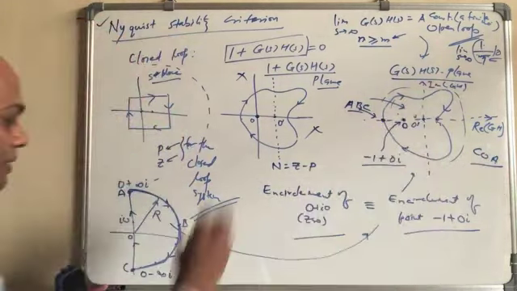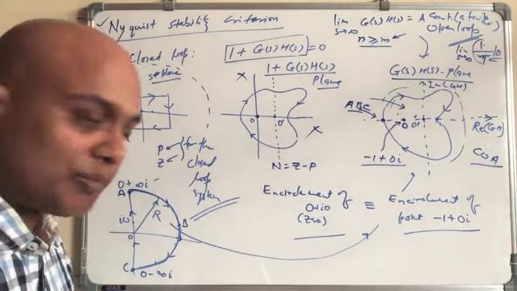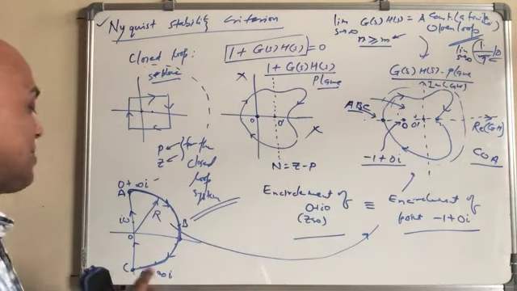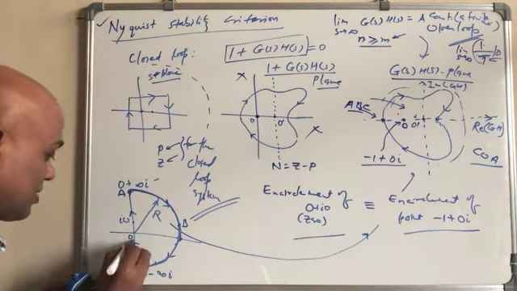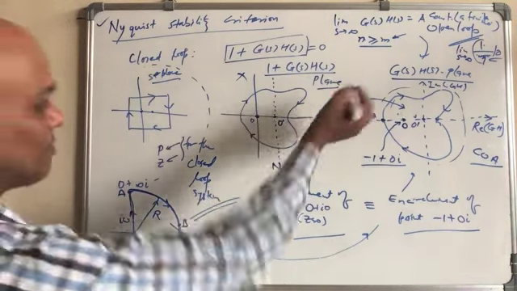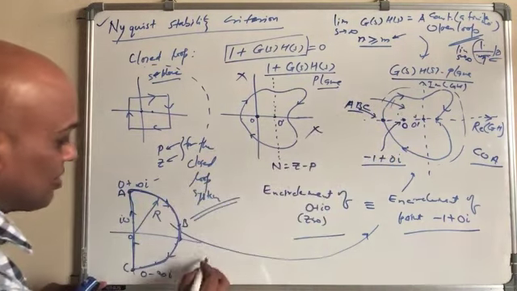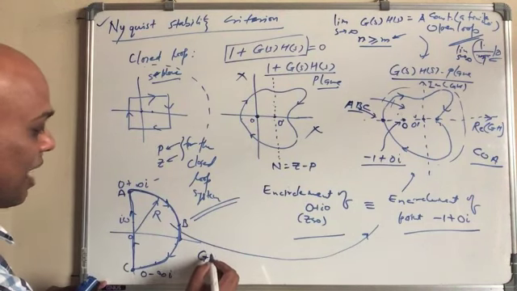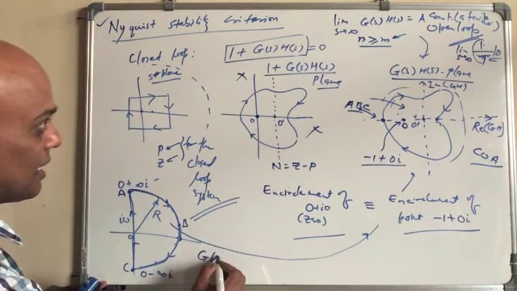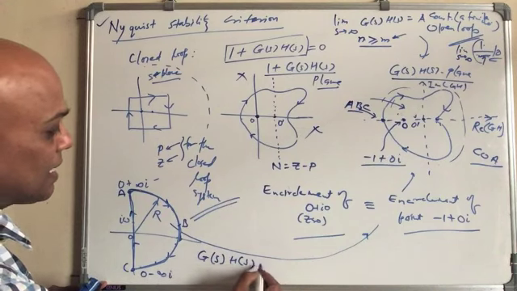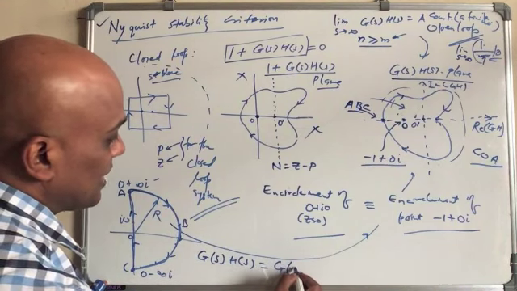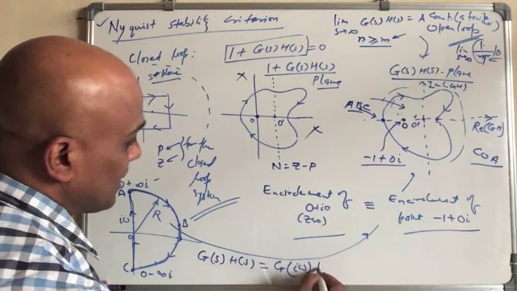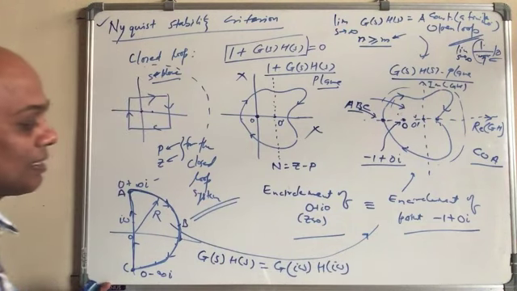What is interesting is that if you are going from here to here, this is nothing but simply the plot of G. This is I omega only, right? Sigma equal to 0, I omega. So GS HS becomes equal to G(I omega) times H(I omega), right?